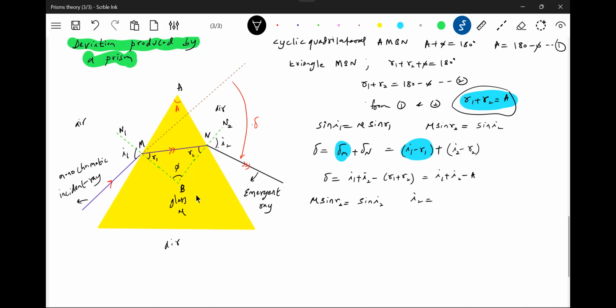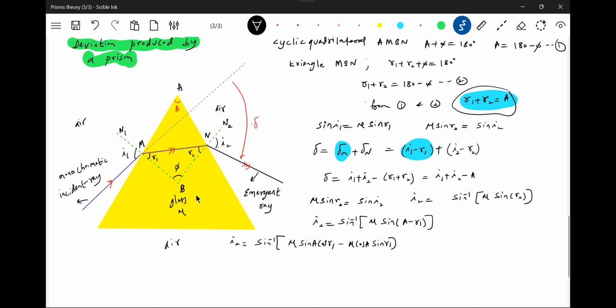Therefore I2 is equal to sine inverse of mu sine R2. R2 will be A minus R1. Further expansion of this will be I2 equal to sine inverse of mu sine A cos R1 minus mu cos A sine R1.